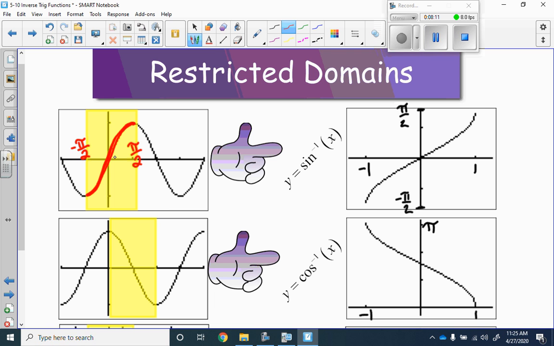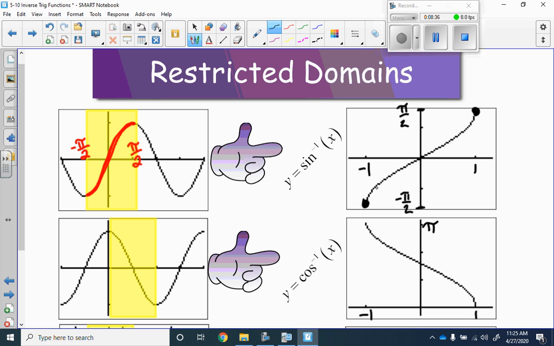Now if I take that snapshot right there and do a horizontal line, it's going to pass through, and so therefore the inverse is a function. It passes the vertical line test too. Notice how goofy the graph looks over here to the left. There is a beginning and an end to it. It does not have an end behavior.